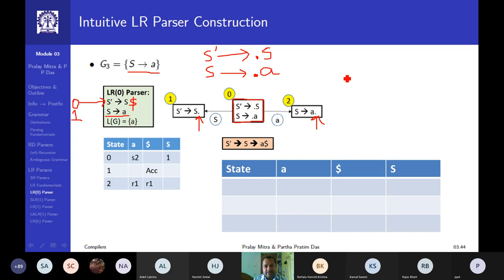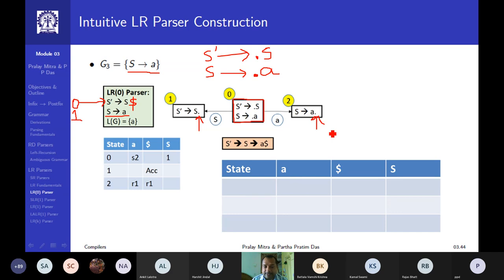The dot has reached the end, indicating that as per the production rule, I have finished the traversal. Okay. Once you have drawn this state diagram, then it is time to draw the parsing table.